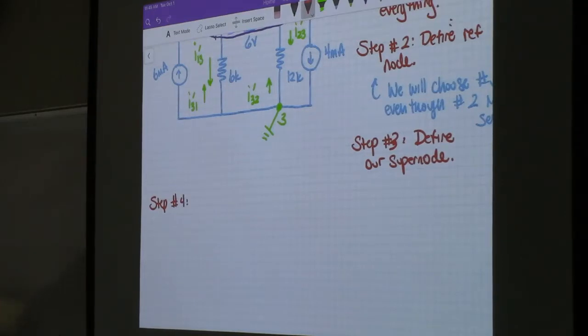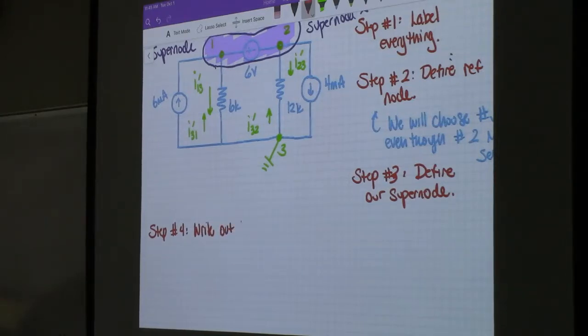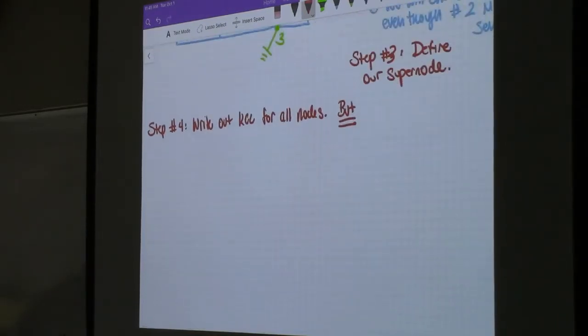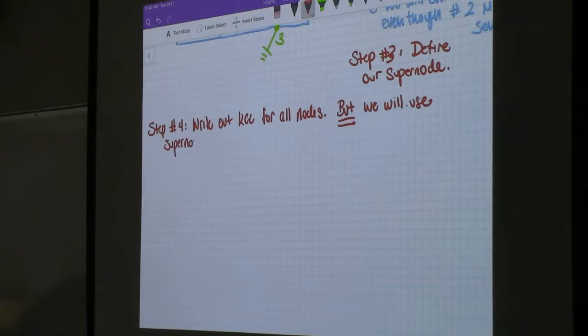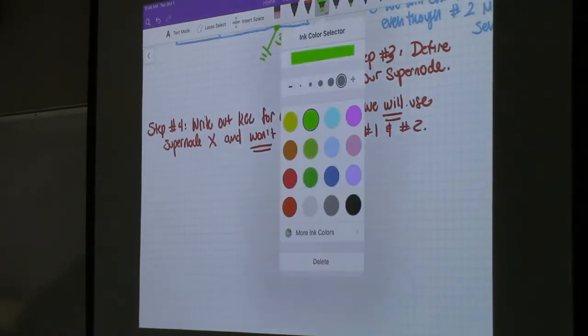So now let's get into the nuts and bolts of how we handle our supernode. So this is important.